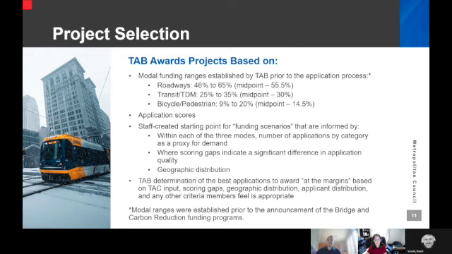Most projects towards the top of the category rankings will be funded under just about any circumstance you can imagine. But the projects that are sort of at the margins are the projects that could shift around who's funded and who isn't in various scenarios. So within each of the 3 modes, the staff created those funding scenarios sort of as a starting point within each of the 3 modes.